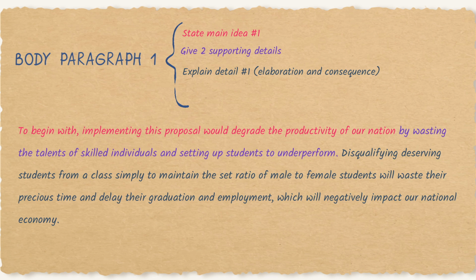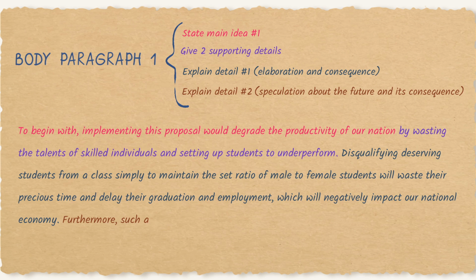Now it's time to explain our second supporting detail. I'm going to use the technique of speculation about the future and its consequence. So you can talk about its effect in the future on society or individuals, and then talk about its consequence. So I'm going to write something like this.